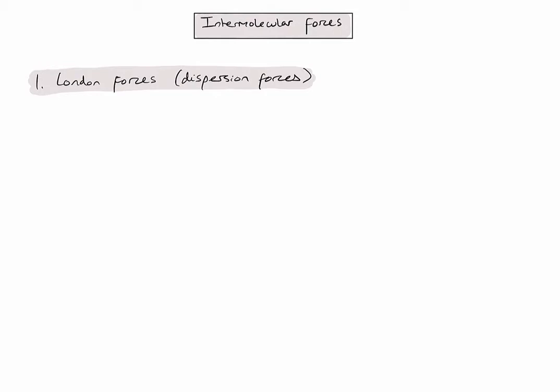The start point for explaining London forces is understanding that electrons are moving randomly in atomic orbitals. And you can see this in a simple visualization like this.